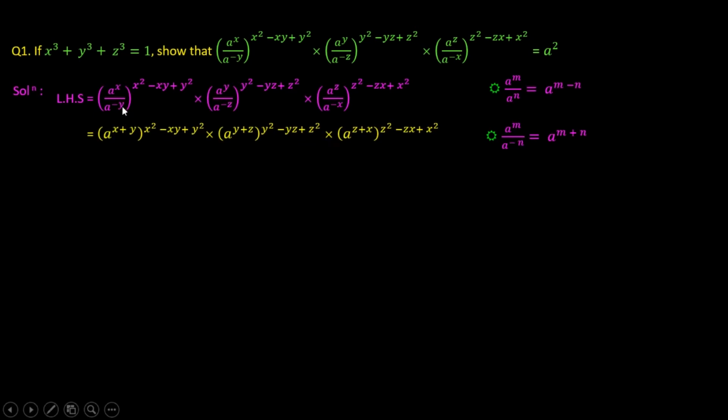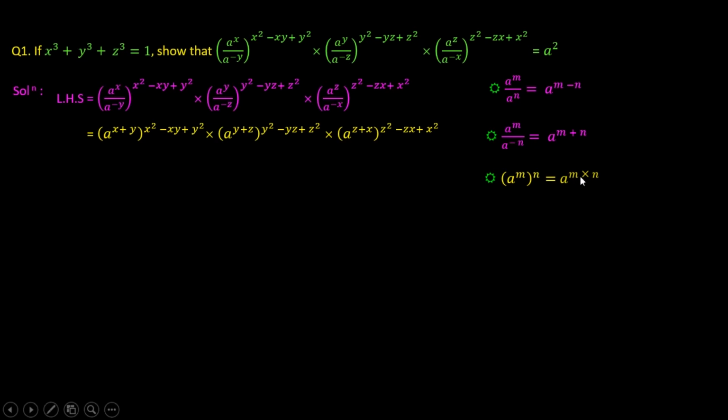Okay, so when we take minus y on the numerator it becomes plus y, when we take minus z on the numerator it becomes plus z, and when we take minus x on the numerator it becomes plus x. Now you know the formula like this. If a to the power m and whole power is n, then we have to multiply the powers.